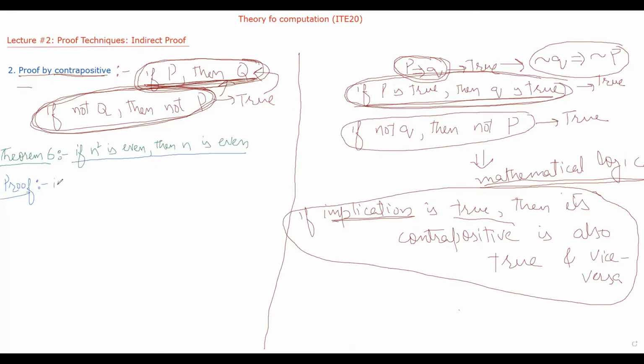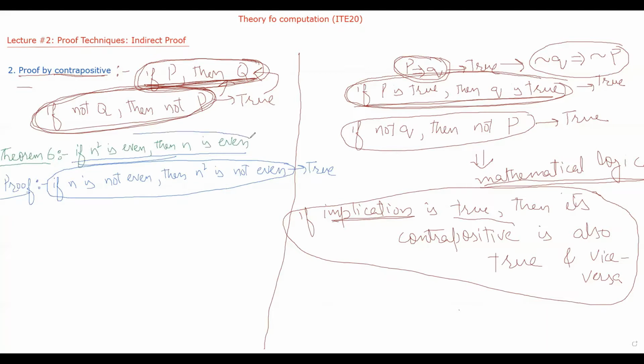The contrapositive is: if n is not even, then n square is not even. If we are able to prove that this statement is true, then the original statement is also true.